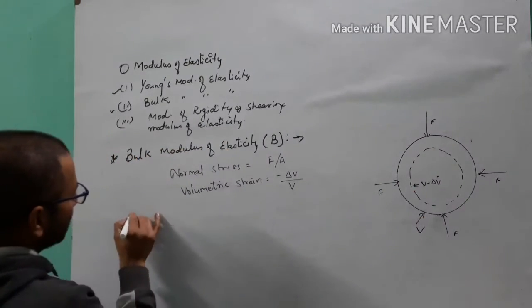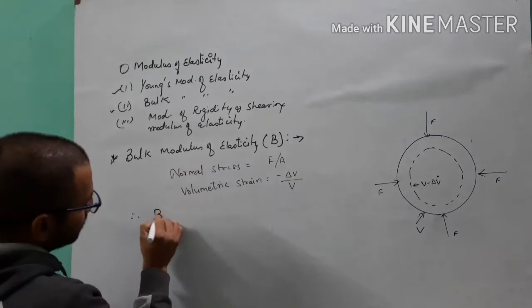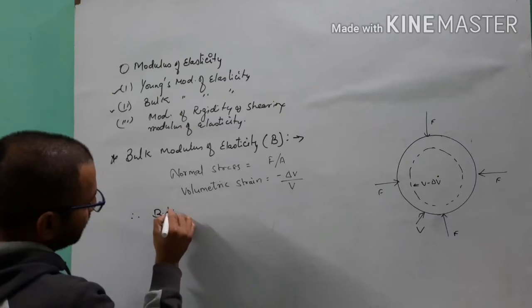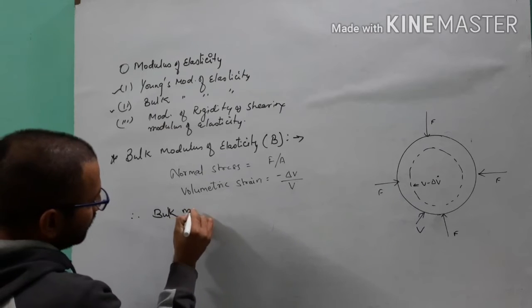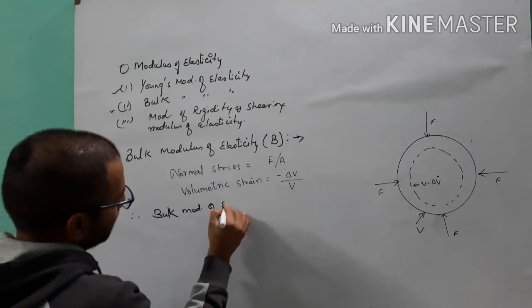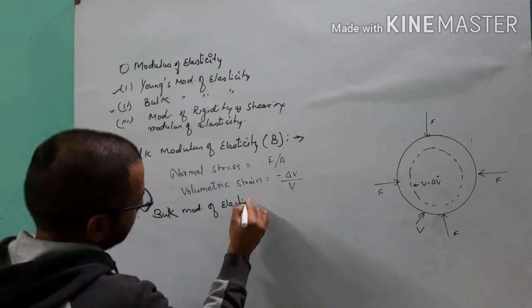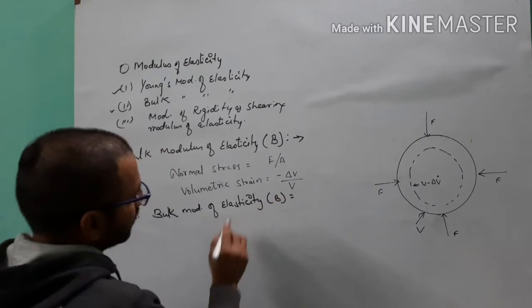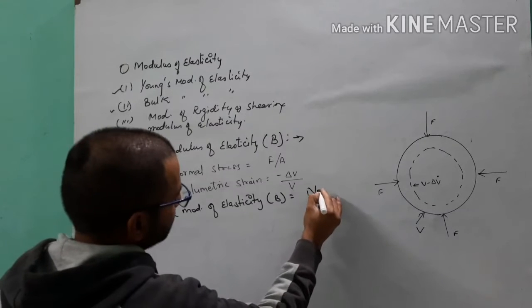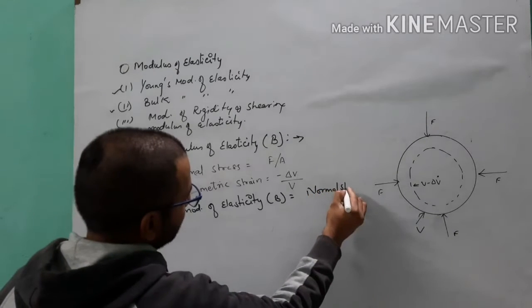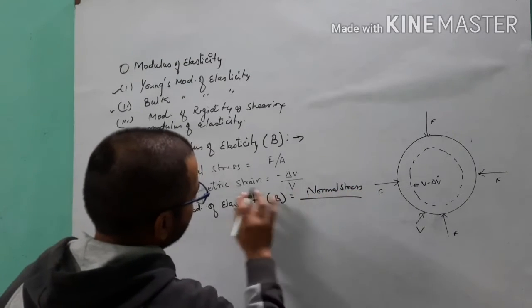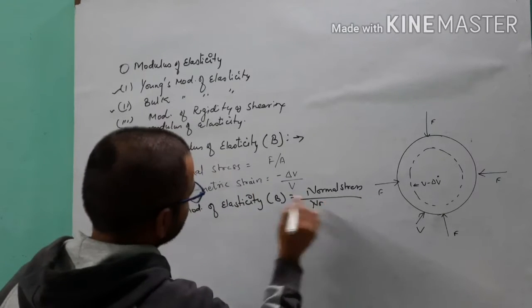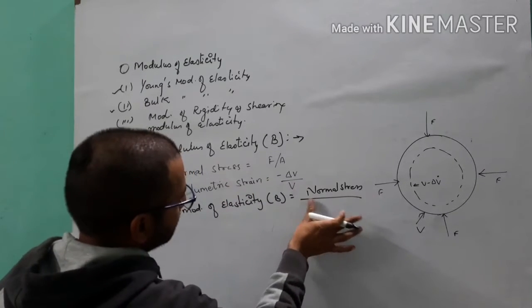After that, the value of the bulk modulus of elasticity, B, is equal to the ratio of the normal stress over this volumetric strain.